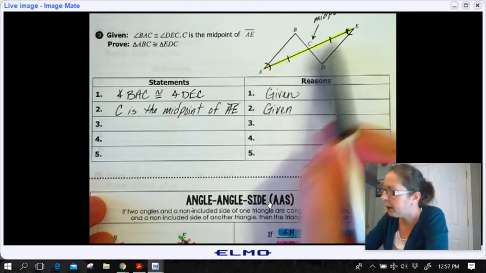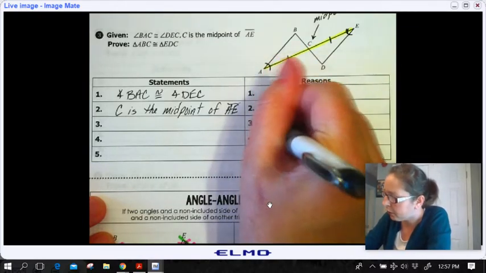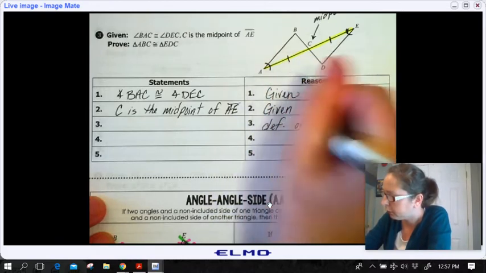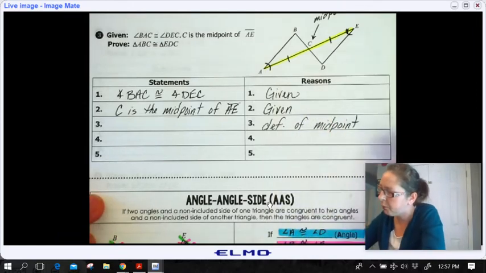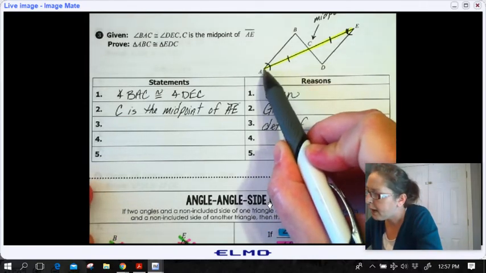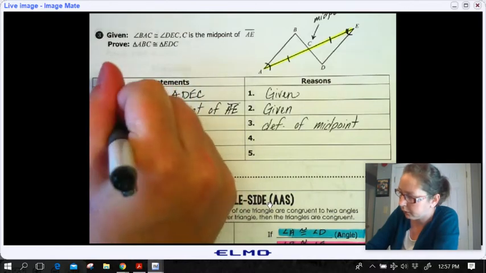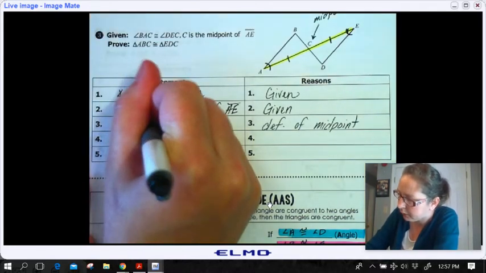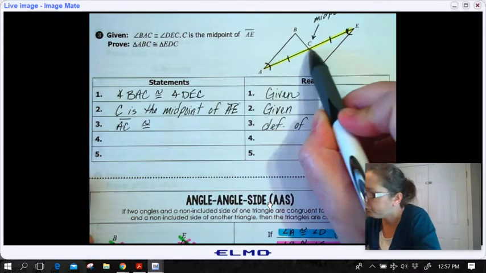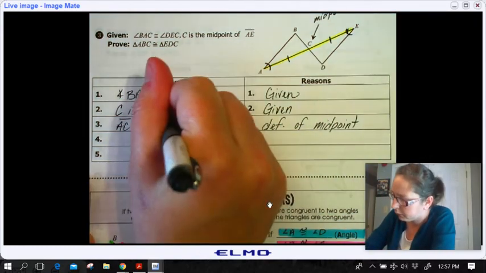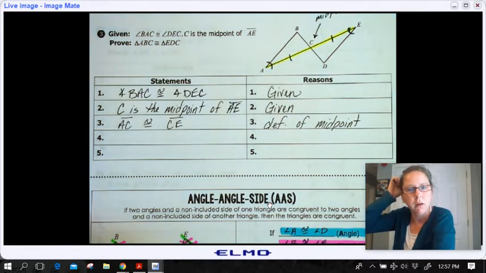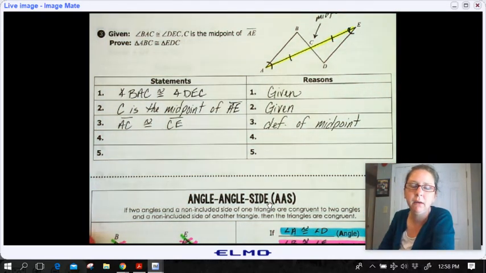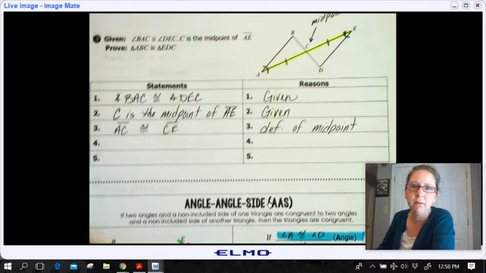So what I'm using right now is the definition of midpoint. So by the definition of midpoint, I can say that AC is congruent to CE. All right, next, can I figure out any other information just by looking at this?